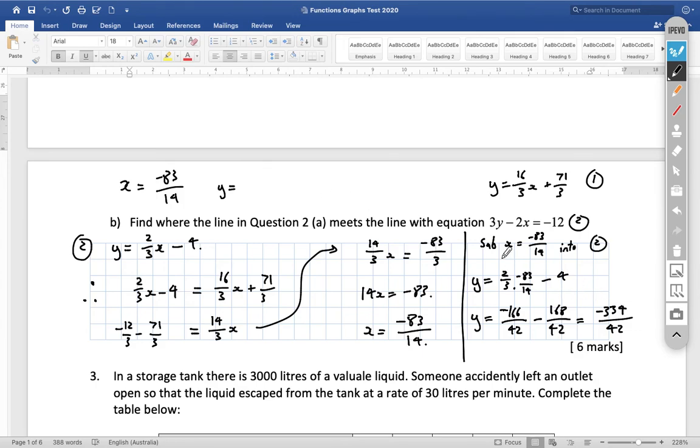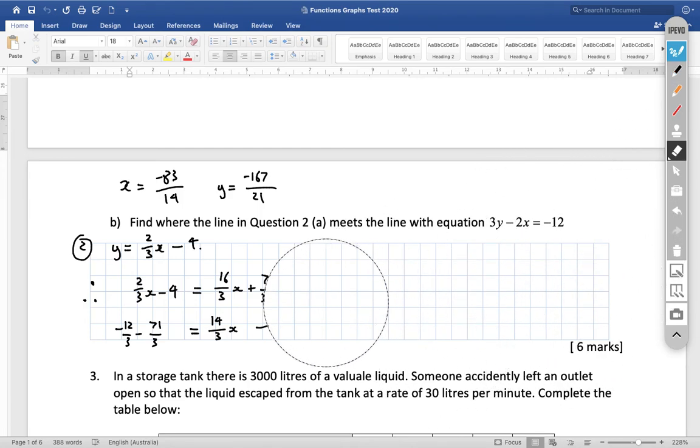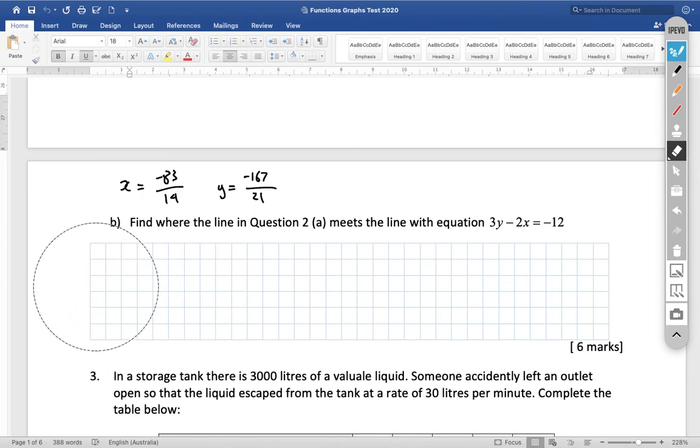What's half of 334 is 167, so it's 167 on 21. Right. Because what I should be doing to answer this question, don't forget the working out, you do need it. Make sure you've got a bit more room on the test. You'd say they meet at this point.